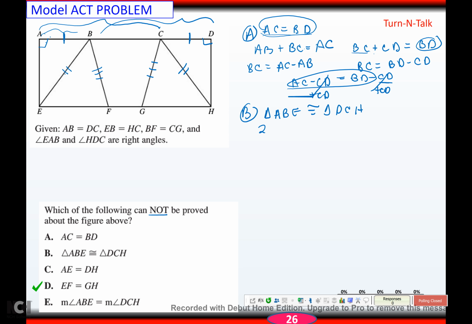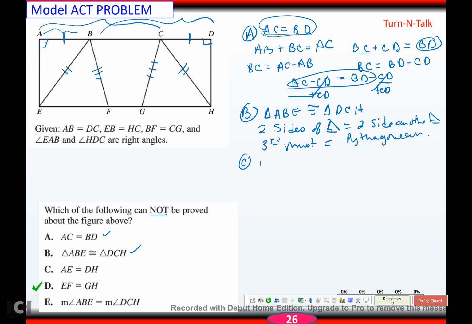But because they're right triangles, because of the Pythagorean theorem, if two sides of a right triangle equal two sides of another right triangle, the third sides must be equal. If those are right triangles, the sides have to make up a Pythagorean triple. If two of them are the same, then the third one has to be. So yes, I can prove that one.